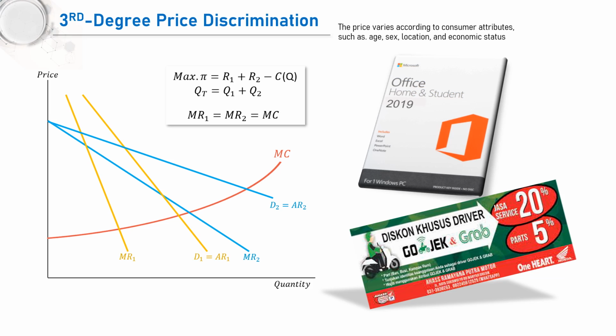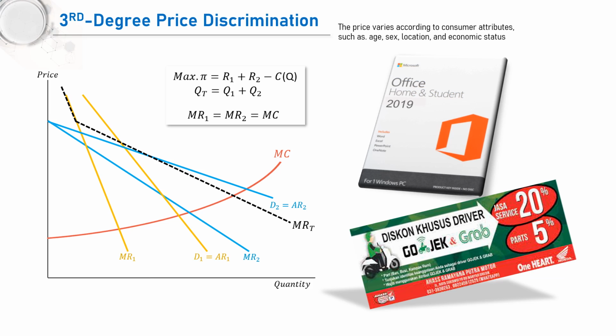In our case here, the intersection that we're looking for is between the MC curve and the total marginal revenue curve here. MRT is the horizontal summation of MR1 and MR2, or it is derived from the horizontal summation of demand 1 and demand 2.